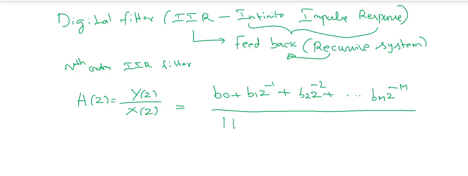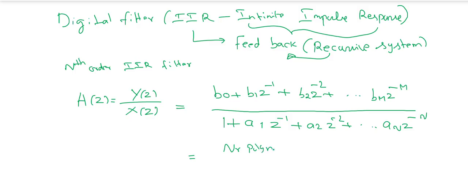The denominator terms are 1 plus a1 z minus 1 plus a2 z minus 2 plus up to an z power minus n. So you can represent the numerator polynomial coefficients divided by the denominator polynomial coefficients.